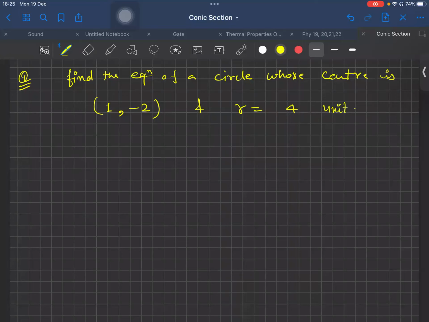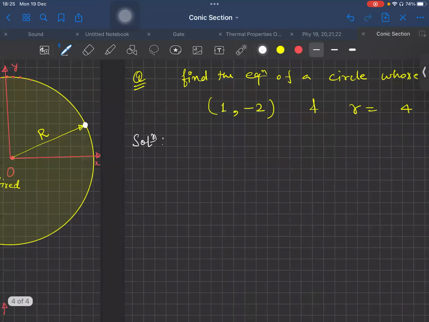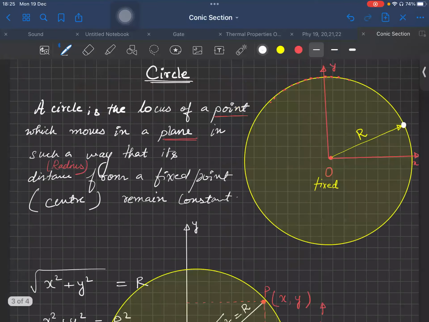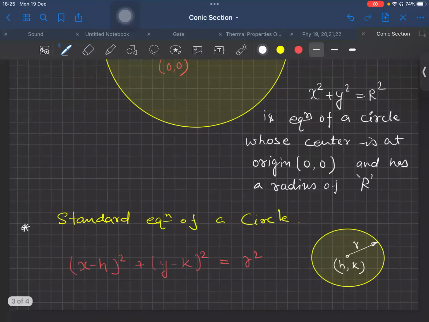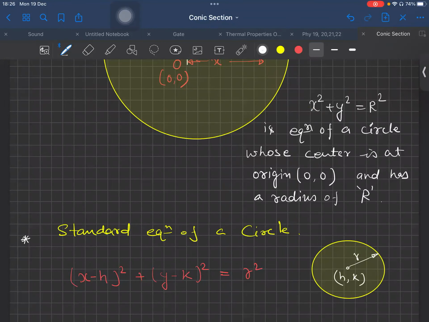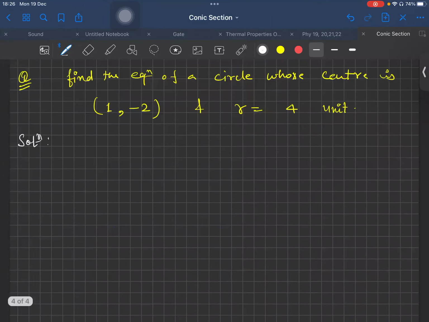Someone tell me the answer. Just plug in this equation. Sir, it's x square plus y square minus 2x minus 2y minus 11 is equal to 0.